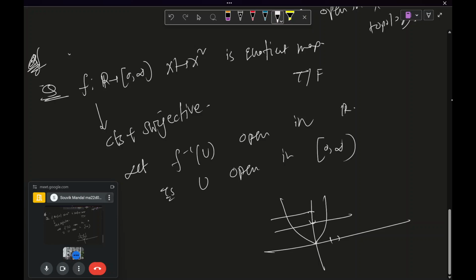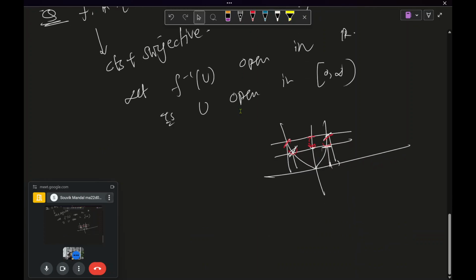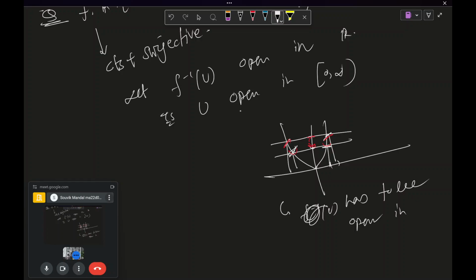So this part, and then the projection. Obviously this is open, because these portions are open portions, so only open portions will come. So at least intuitively, f inverse of U has to be open, so U has to be open in [0, infinity).